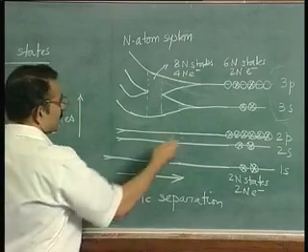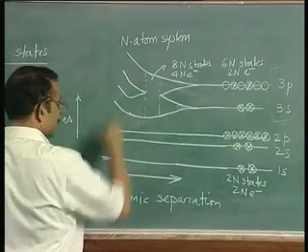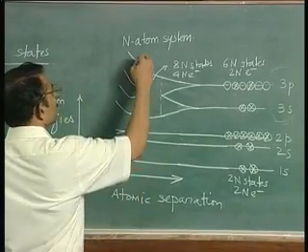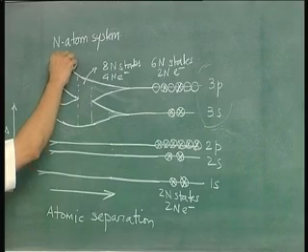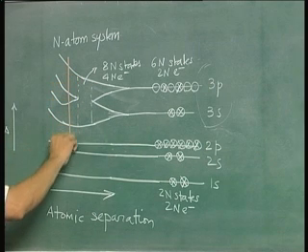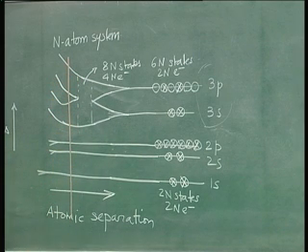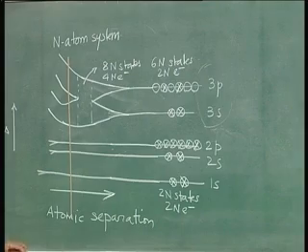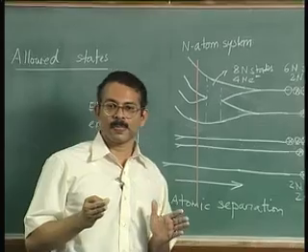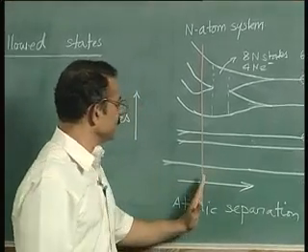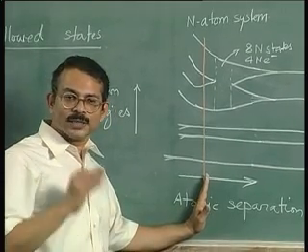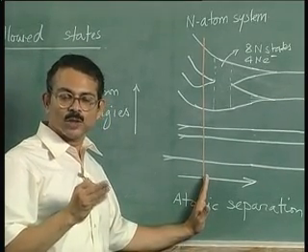But for semiconductors, for example silicon, it turns out that in the crystal the atomic separation is here. What decides the atomic separation in a crystal? What should be the interatomic distance?